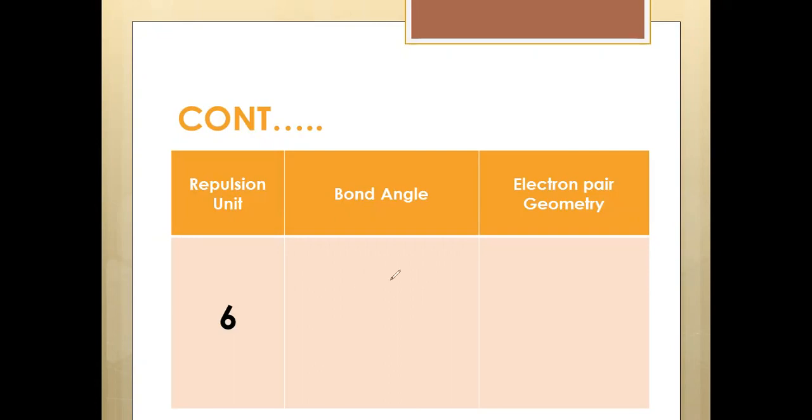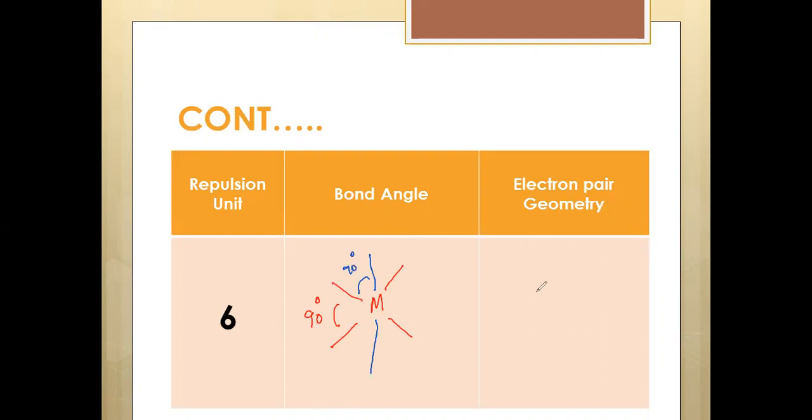Here the metal has four repulsive units on the same plane, each at 90 degrees, and the other two repulsive units are perpendicular to this plane.